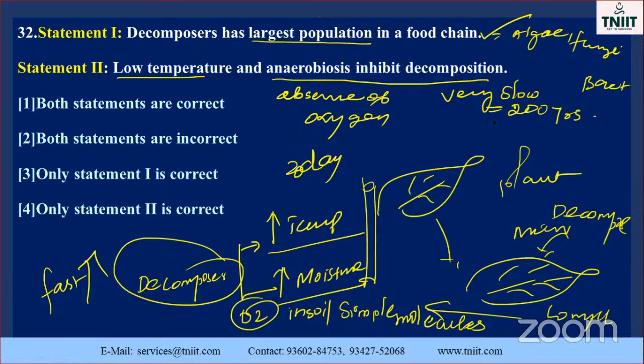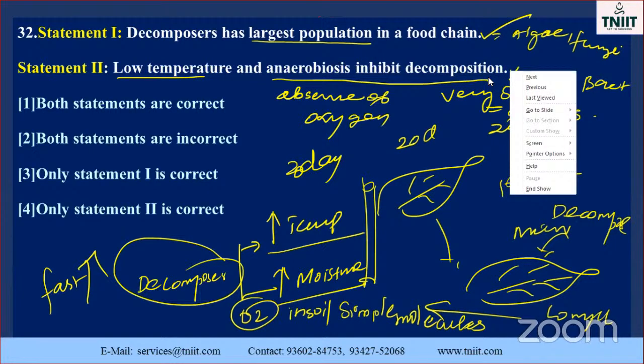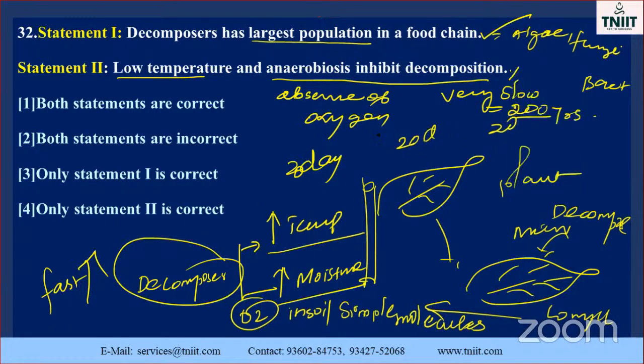See the difference between these two: 200 years or 20 days. Which one is the easiest way? So you have to note it down. Low temperature and anaerobic conditions inhibit the decomposition. Inhibit means it will take more time, so this is also a correct statement. So the option is 1.